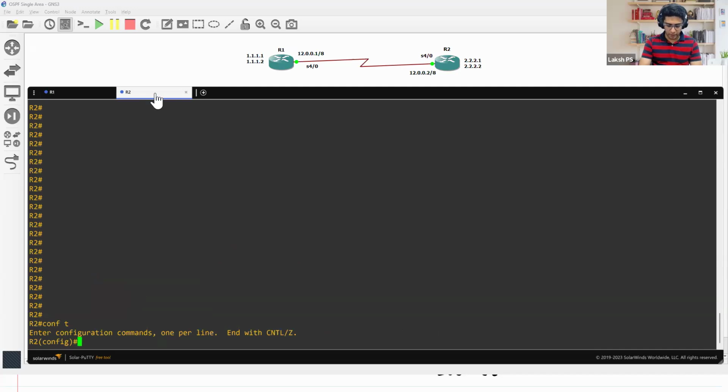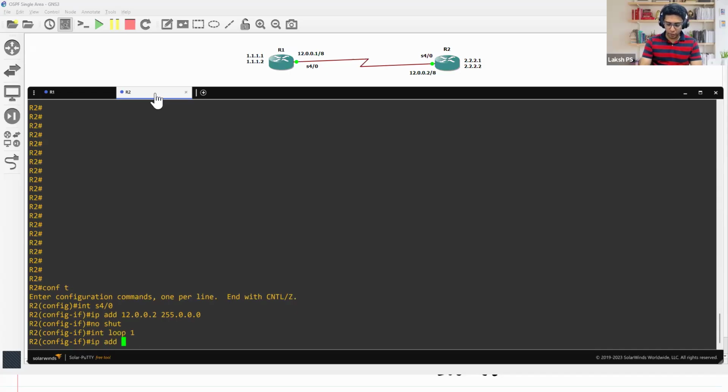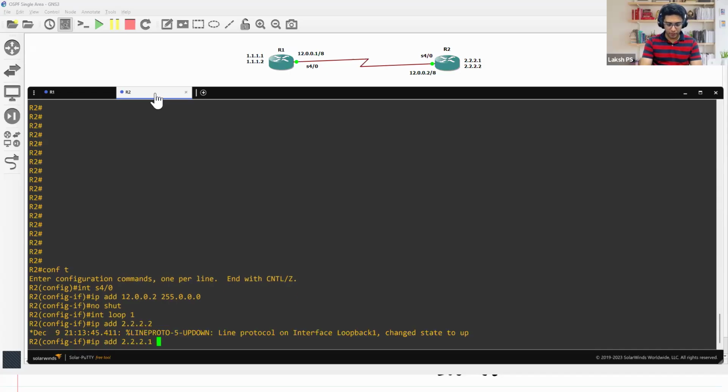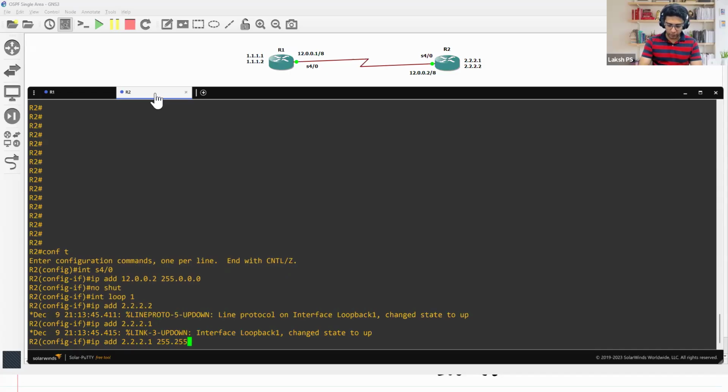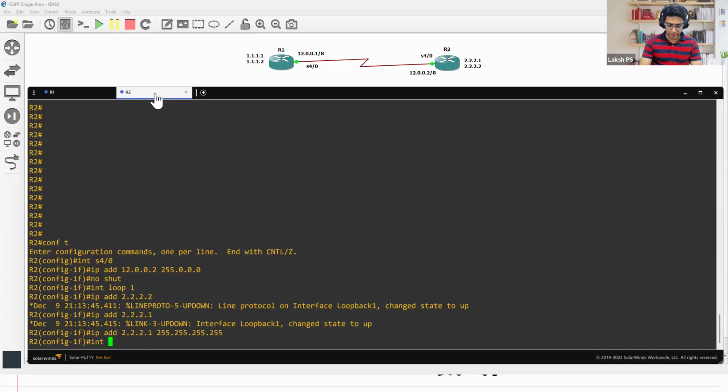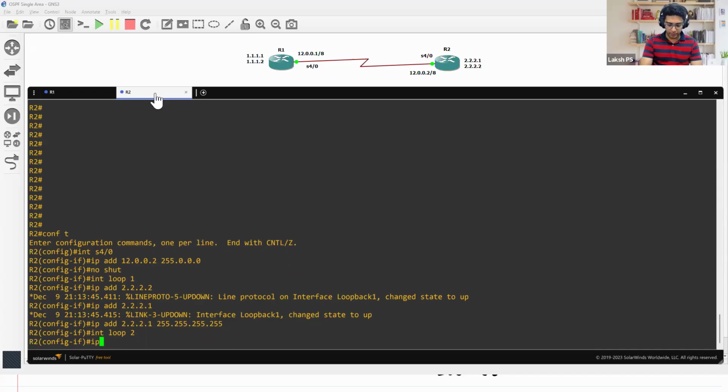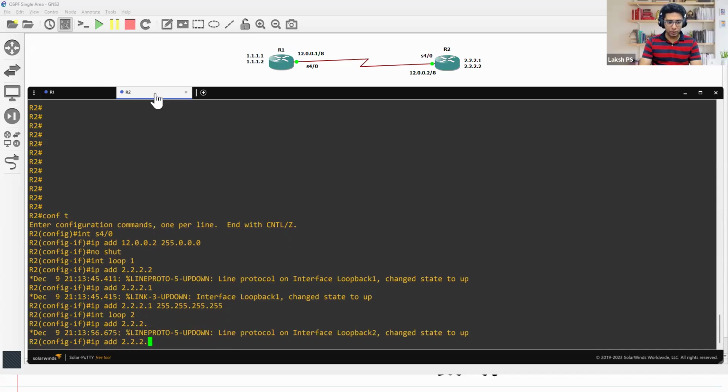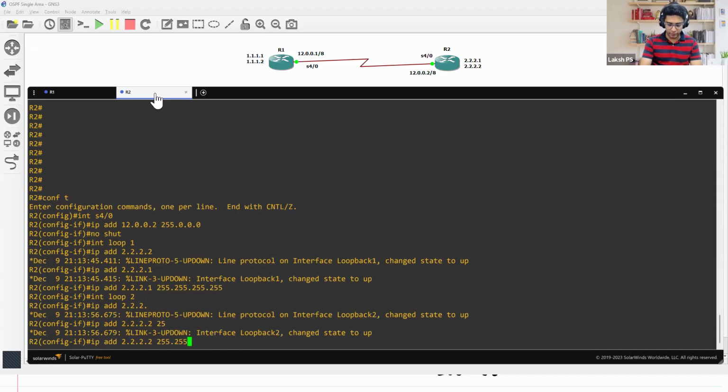Configure terminal, interface serial 4/0, IP address 12.0.0.2 255.0.0.0, no shut. Then interface loopback 1, IP address 2.2.2.1 255.255.255.255, then interface loopback 2, IP address 2.2.2.2 255.255.255.255.